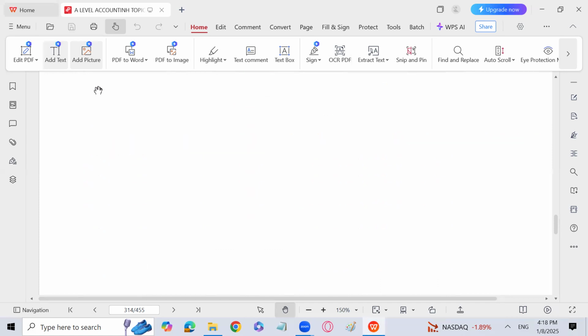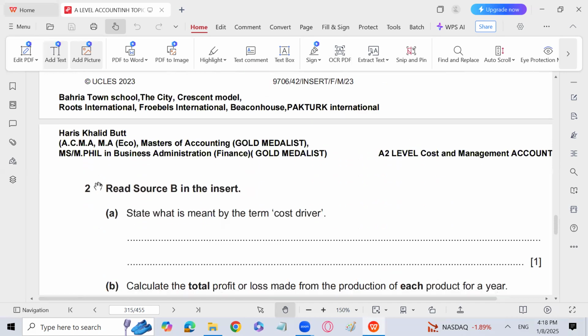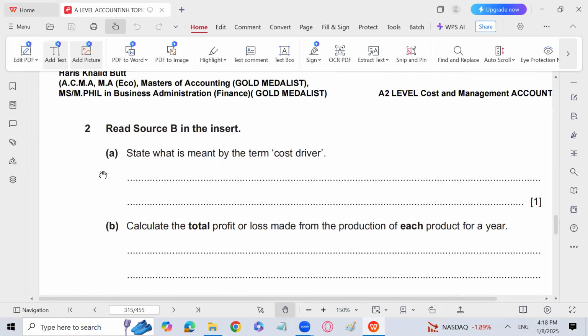So let's move forward. State what is meant by the term cost driver. You can write it down. What is meant by the term cost driver?